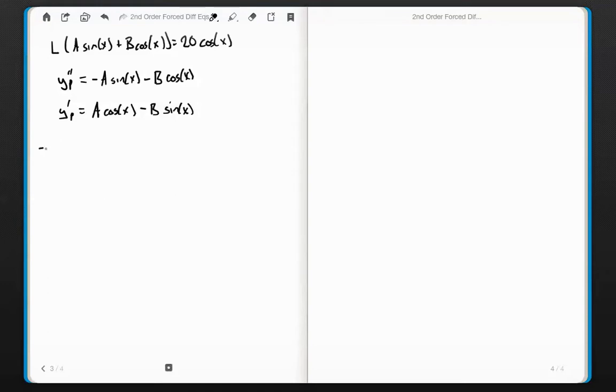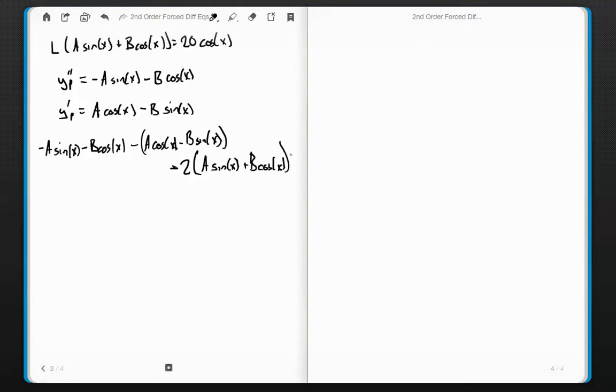So it's negative a sine of x minus b cosine of x, minus, right, my single derivative, which is a cosine of x minus b sine of x, minus 2 times my original function, my original guess, which is a sine of x plus b cosine of x.